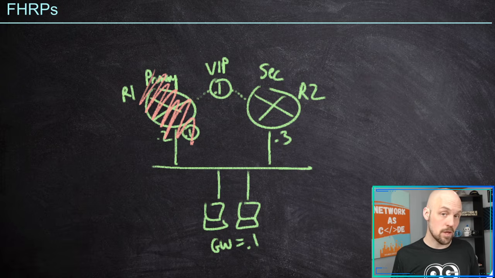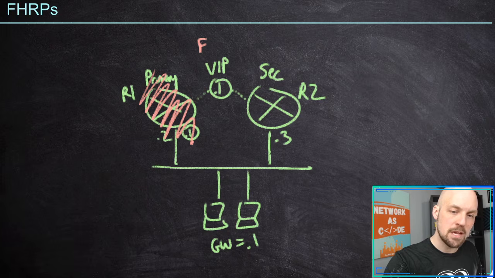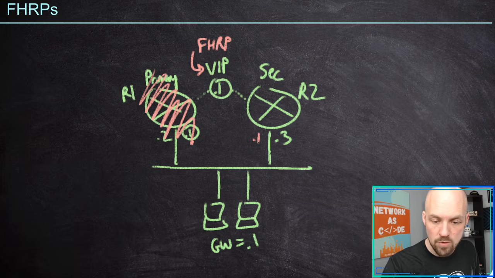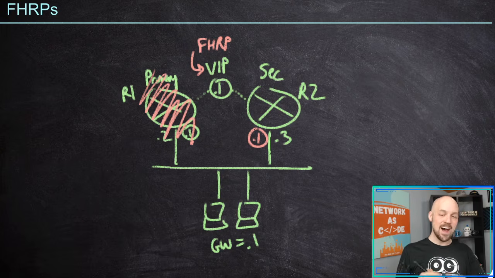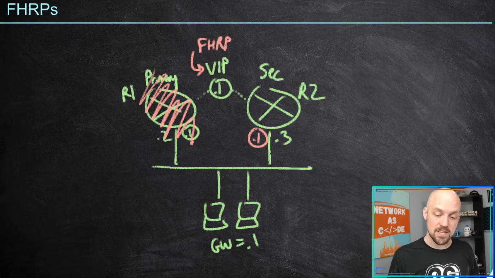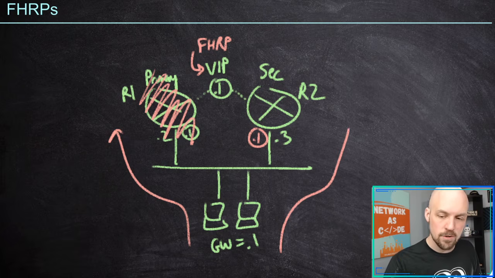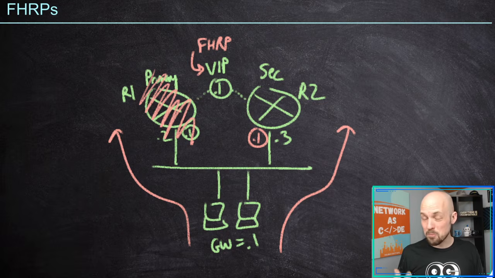Well, fortunately, we are running this FHRP, first hop redundancy protocol, that manages this virtual IP address. Therefore, the virtual IP address now shows up, magically, on the secondary router. And because of this, the PCs that were going this way 1 moment ago will now switch over and go this way in a brief moment.